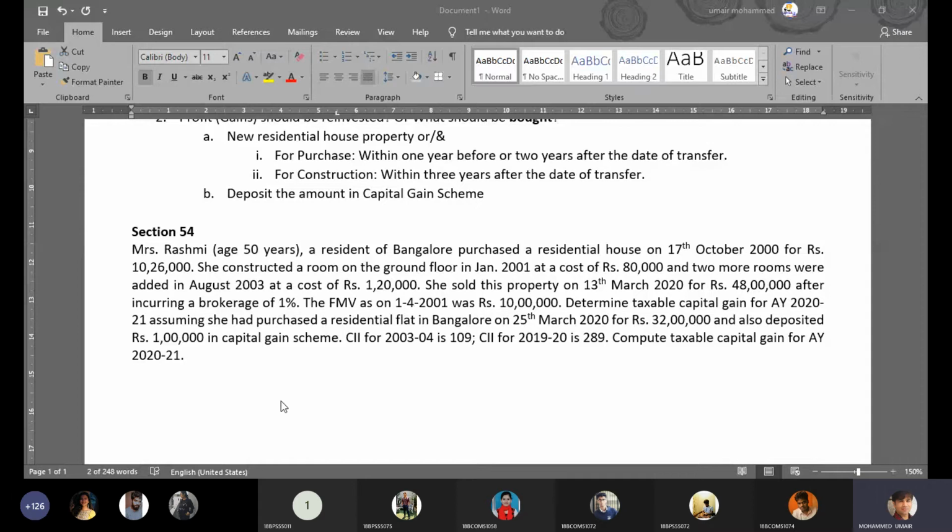Okay, so let's go ahead and solve this. Write the opening statement: computation of capital gain of Mrs. Rashmi.